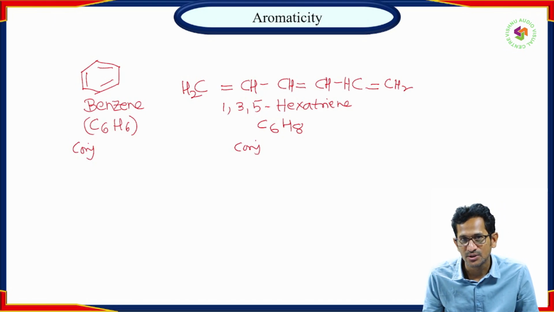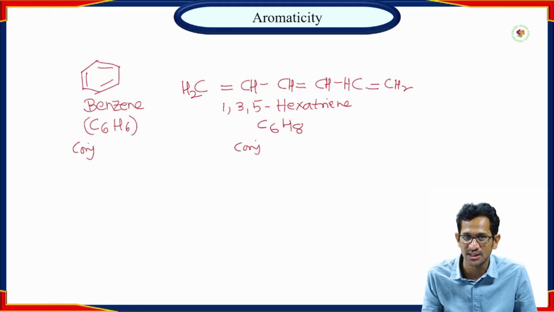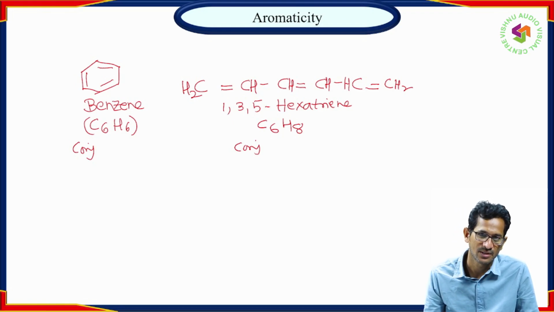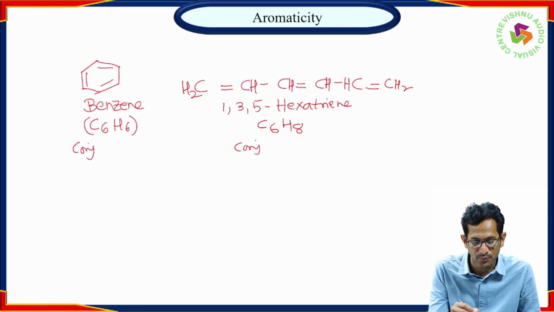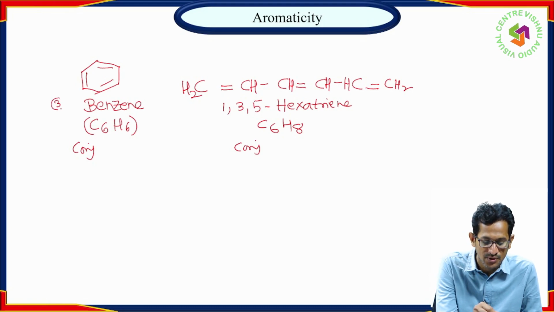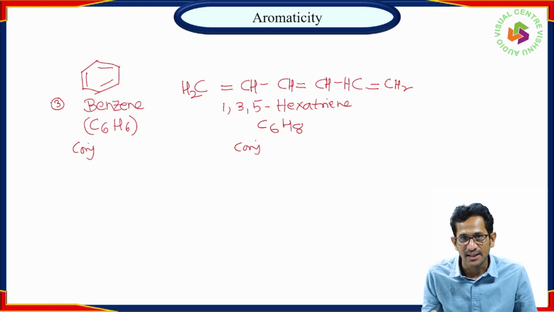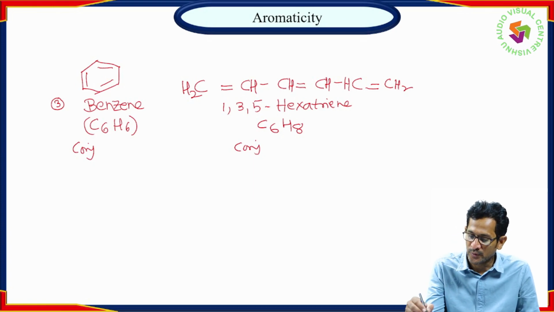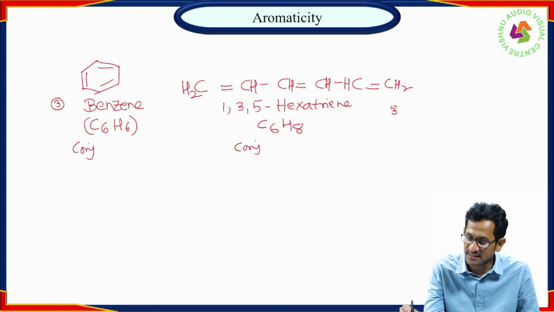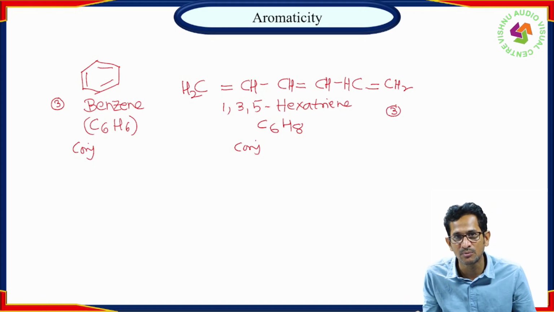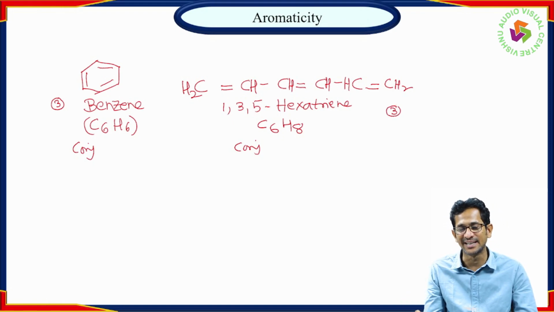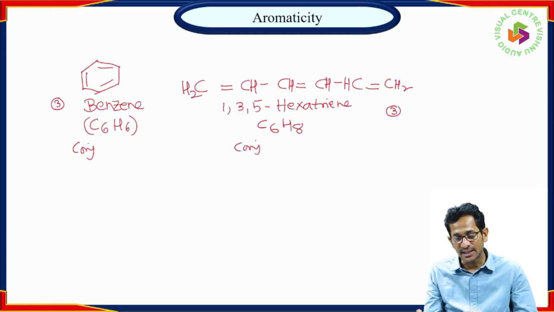The delocalization of the pi electrons takes place if you find conjugated double bonds. In the benzene structure, we have 3 double bonds arranged in an alternating pattern, whereas in 1,3,5-hexatriene also we have 3 double bonds arranged in a conjugated alternating pattern.